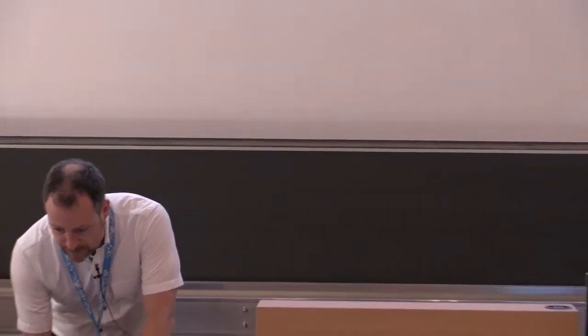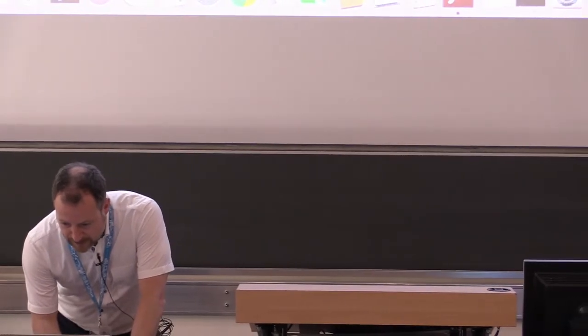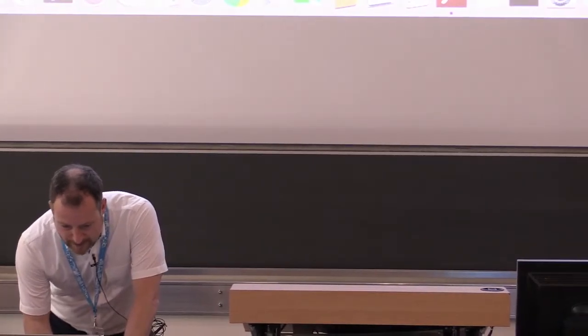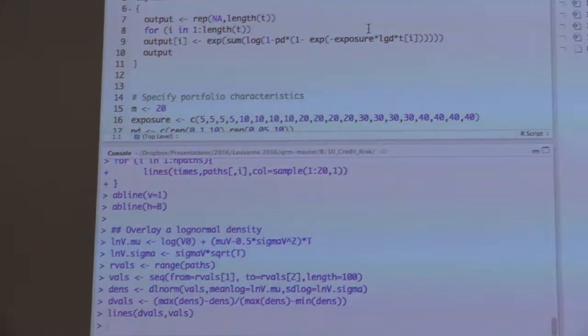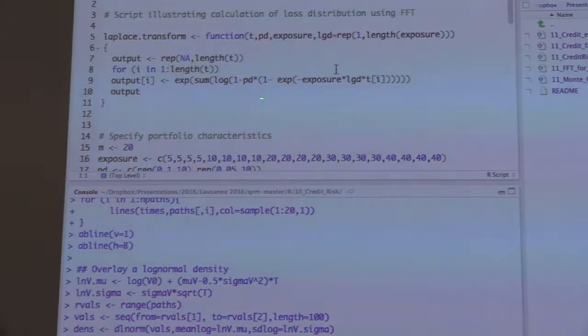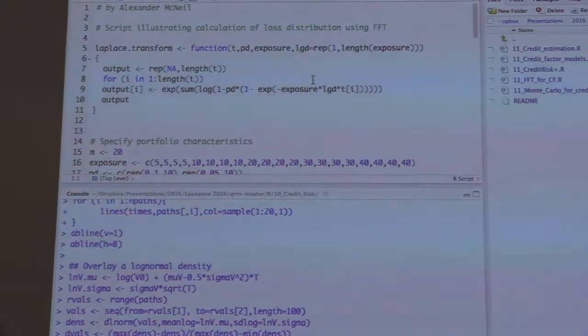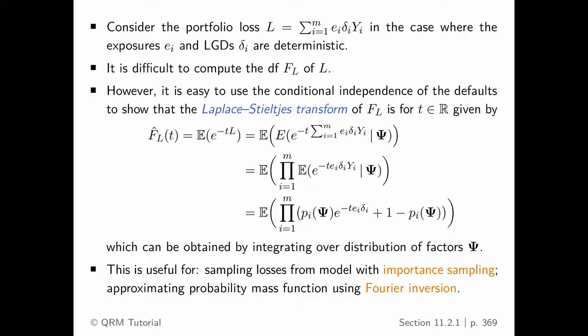If you want to see where this is in chapter 11, there are some scripts in chapter 11, but there's a little script here called FFT for CF. And it starts with coding a Laplace transform.